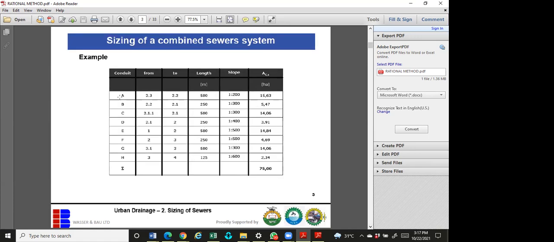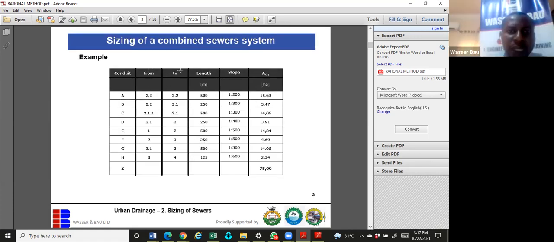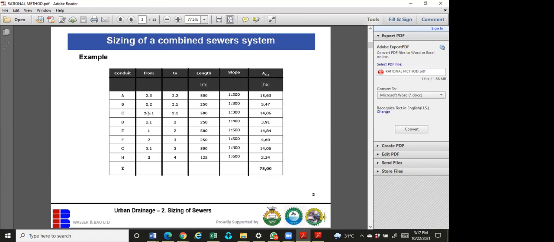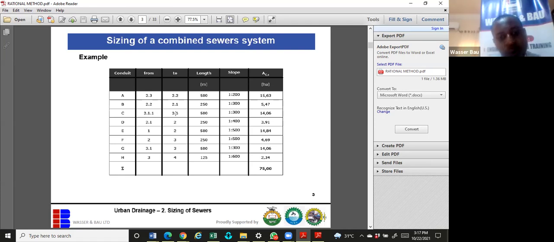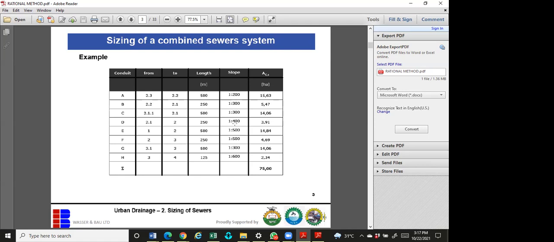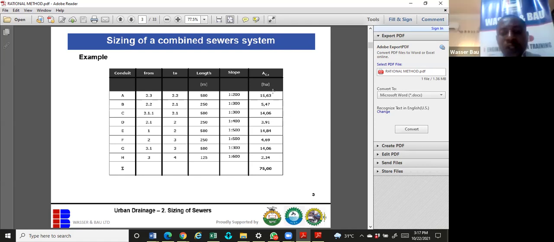So when you bring it here, beginning node, end node, or beginning where the surveyor took his spot height and where the next spot height started, and then this is the length of each section. If you now do vertical over horizontal, you get a slope. So these are the slopes, and then these are the corresponding areas.